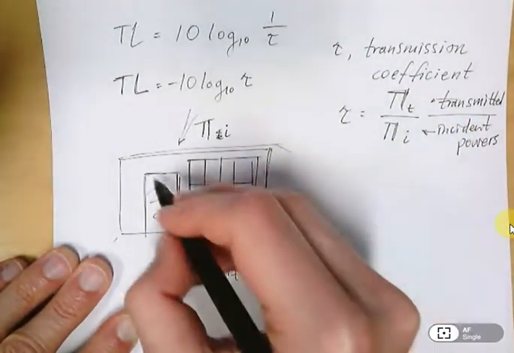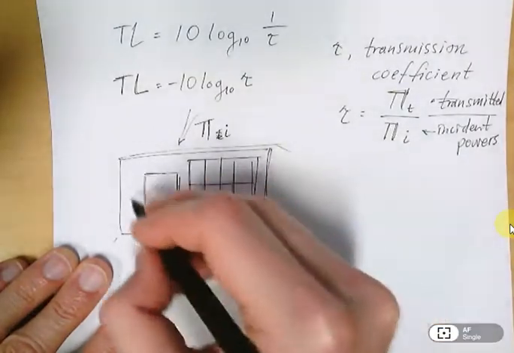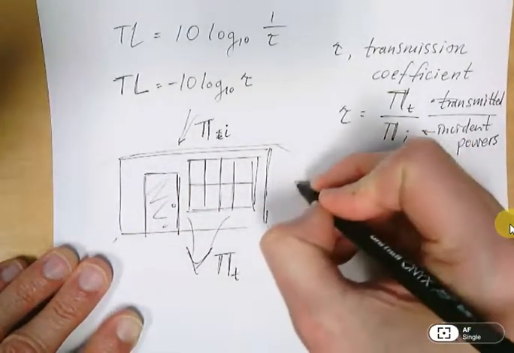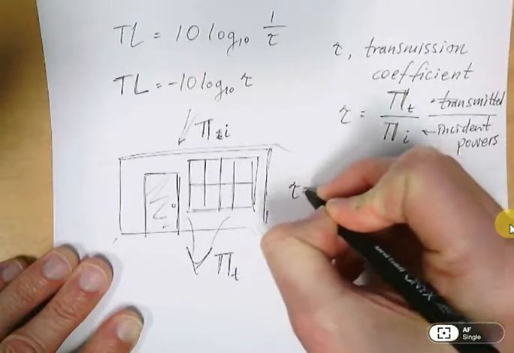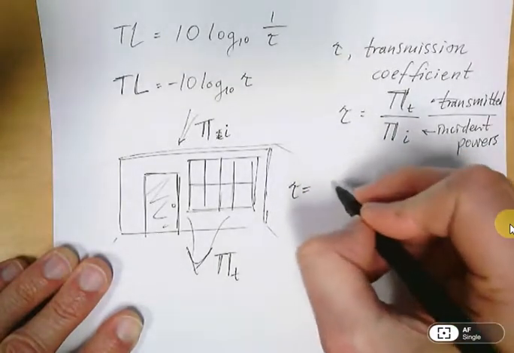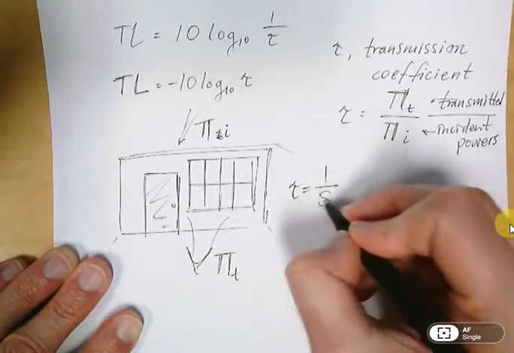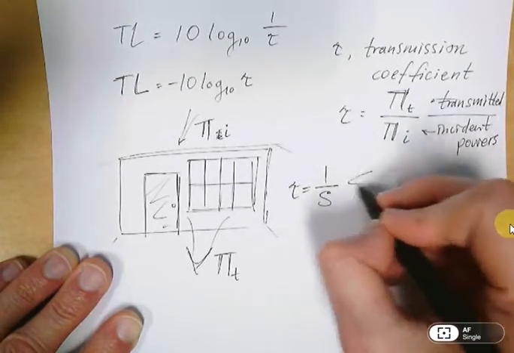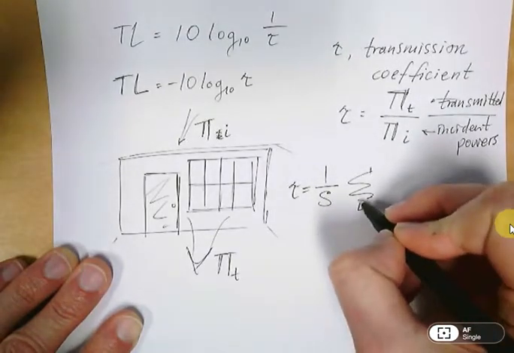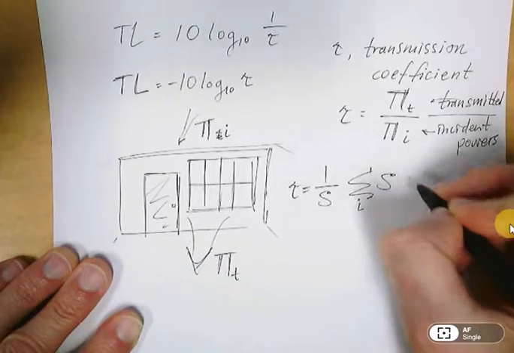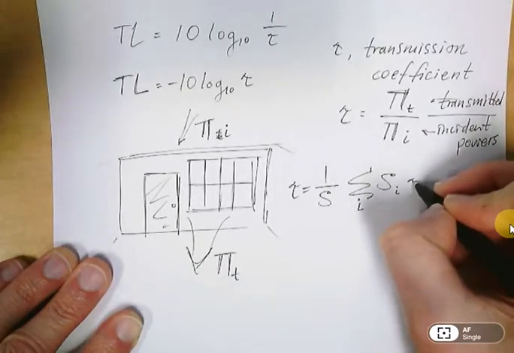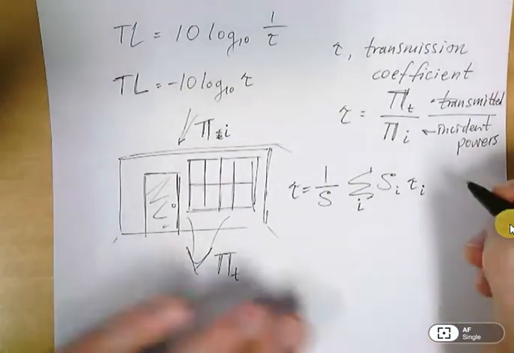Considering this composite surface here, or composite wall, the effective or composite transmission coefficient is then a surface area weighted sum of the individual transmission coefficients.